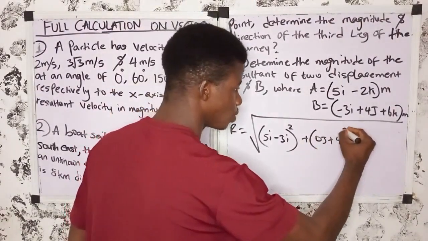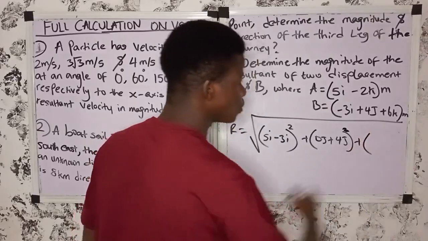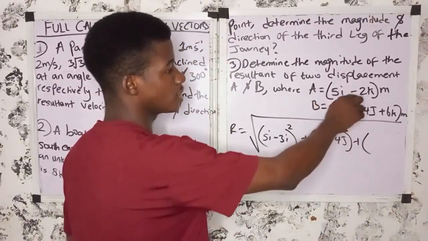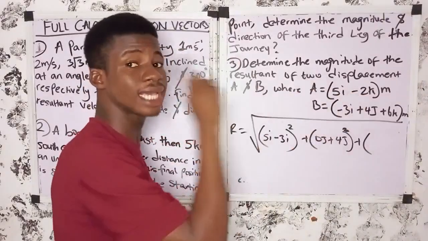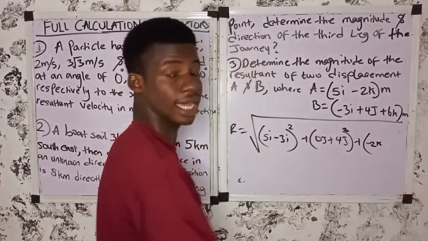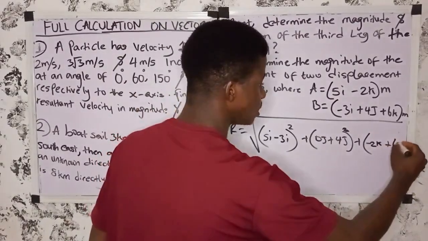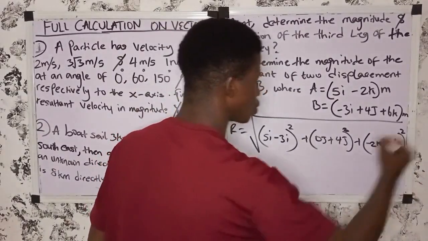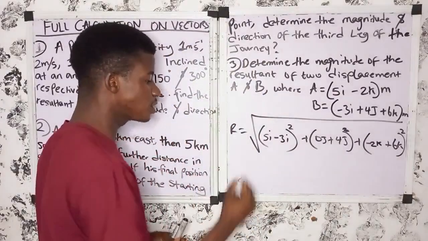Then we take the square, then plus bracket open. Now, this 2k carries a negative value, so it will be minus 2k. Then 6k carries a positive value, so plus 6k, bracket close, squared.